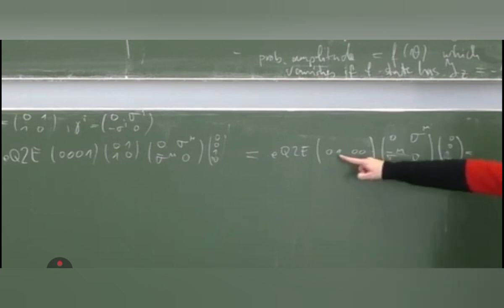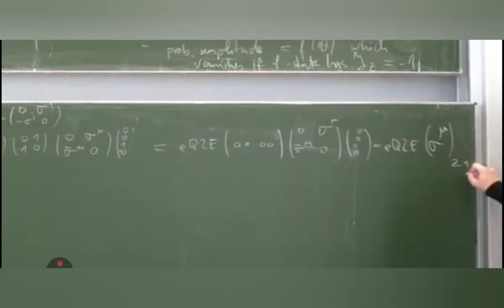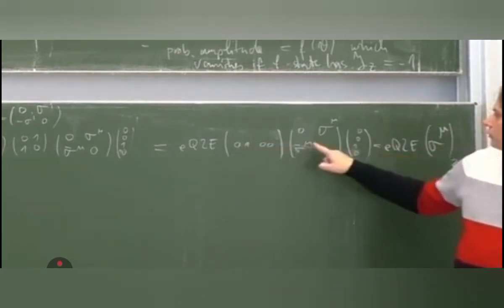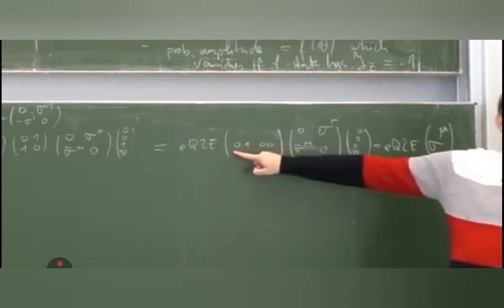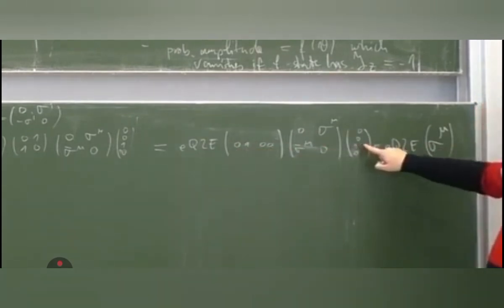We just take the matrix element of that sigma matrix, the matrix element with index 2, 1. So we take EQ times 2E times the sigma mu matrix element 2, 1. The 2, 1 comes from the product: the only non-vanishing entry here is in position 2, and here the only non-vanishing entry is in position 1 of that matrix. Therefore we get the matrix element 2, 1 of that sigma.